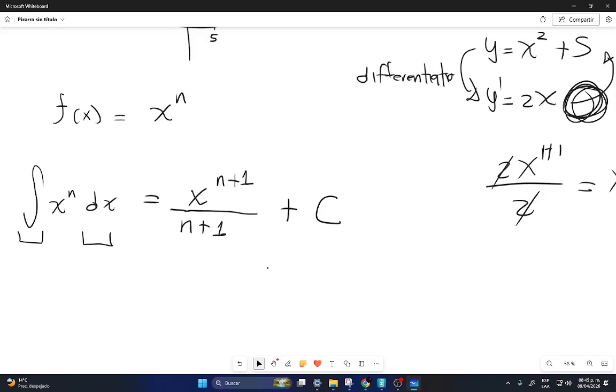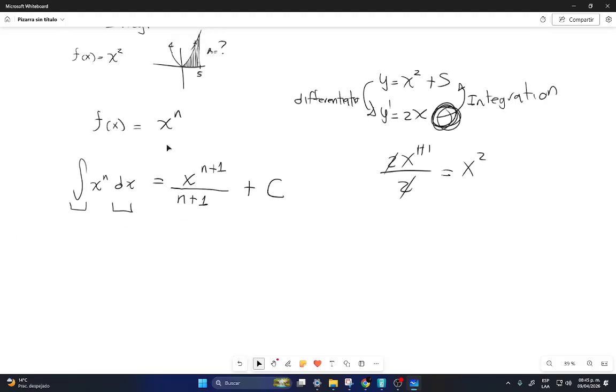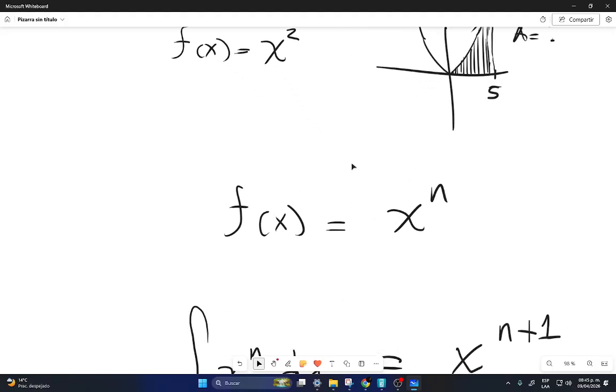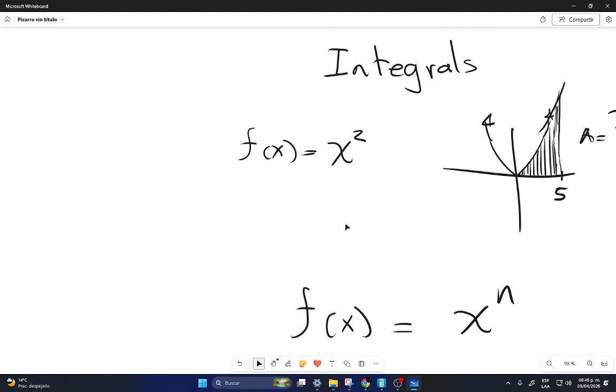So let's go back to our original example. If this is the original function, let's write the integral with the proper notation, the integral of x squared, don't forget the differential, should be like this.